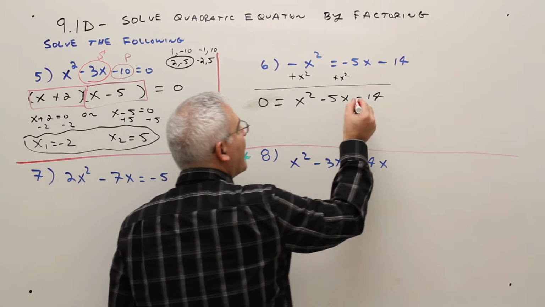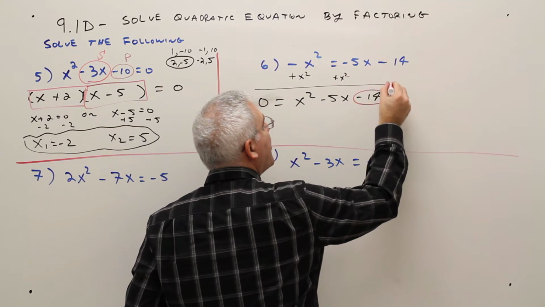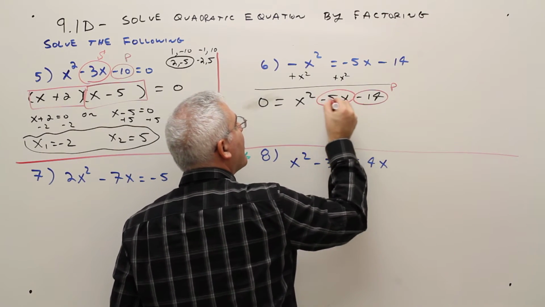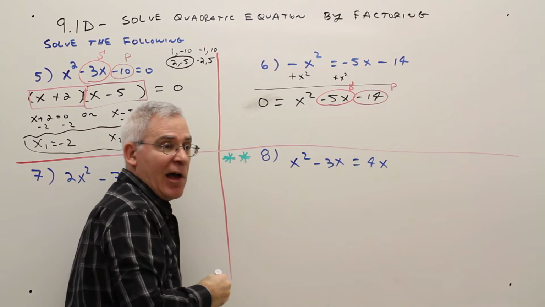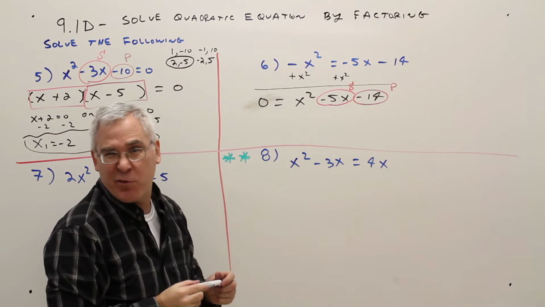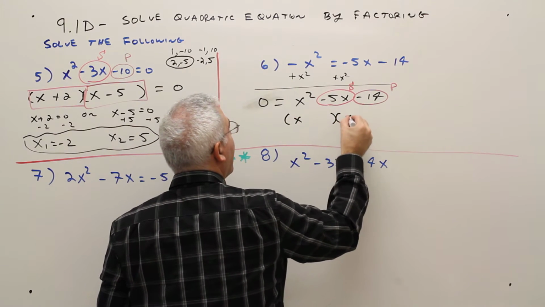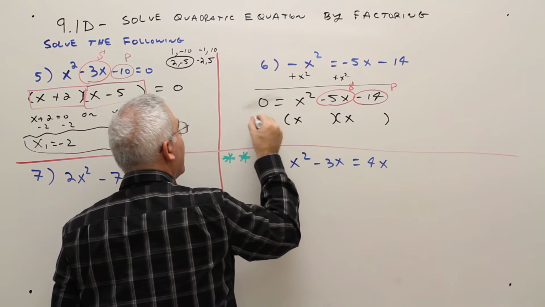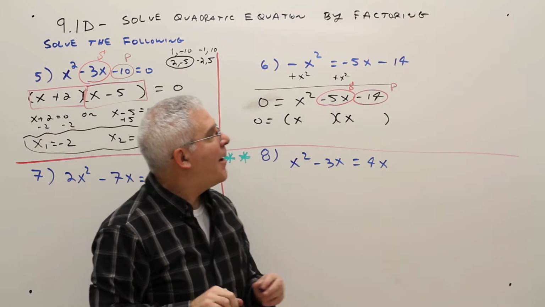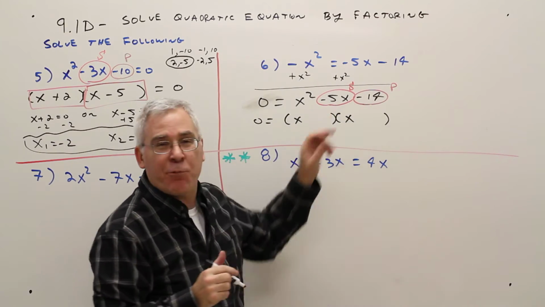Once again, I'm looking for two numbers that have that product and that sum. My lead coefficient is 1, so I'll just set up my template: (x something)(x something) equals 0.